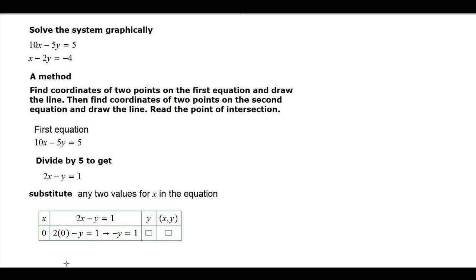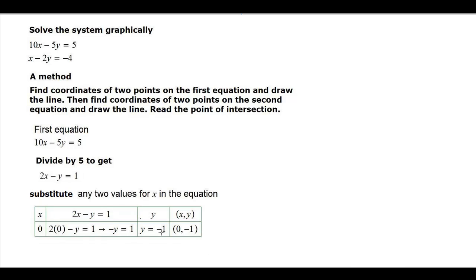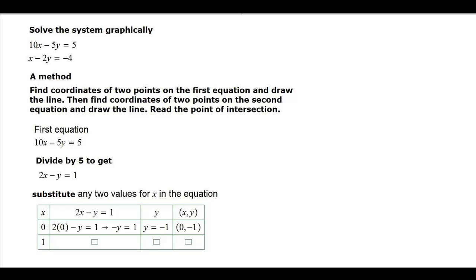Which results into what? Negative y is 1, giving us y equals negative 1, and that gives us 0, negative 1 as coordinates of another point on the line. Now we are going to take x equals 1. We could have taken anything, but 1 is easy to deal with.